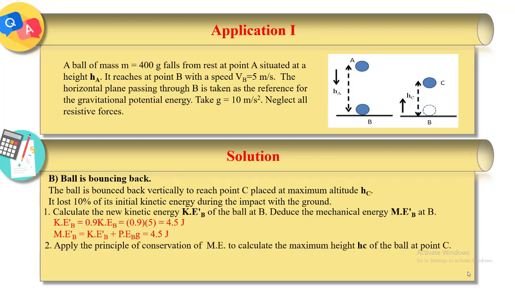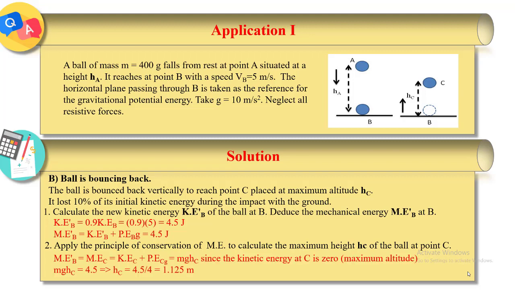The next question is to determine the height of C using conservation of mechanical energy. The mechanical energy at point C is equal to the mechanical energy at point B, so it is equal to 4.5 joule. But the mechanical energy at point C is equal to the kinetic energy at point C plus the gravitational potential energy at point C. But the kinetic energy at point C is equal to 0 since C is the maximum height.